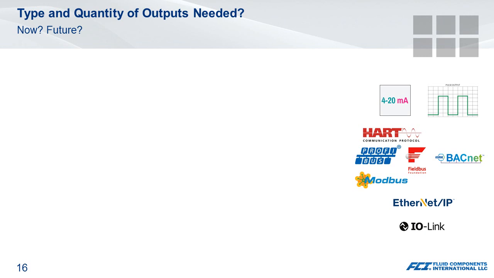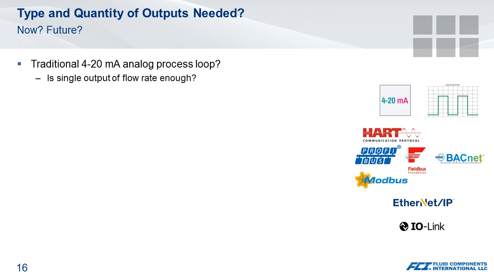Well, certainly an obvious essential that you're going to want to put into your specifications is the type and quantity of outputs that are required. Is it a traditional 4 to 20 milliamp output, single output, or, because thermal flow meters are inherently dual function and can produce a temperature output as well, do you need two outputs, one for flow and one for temperature?